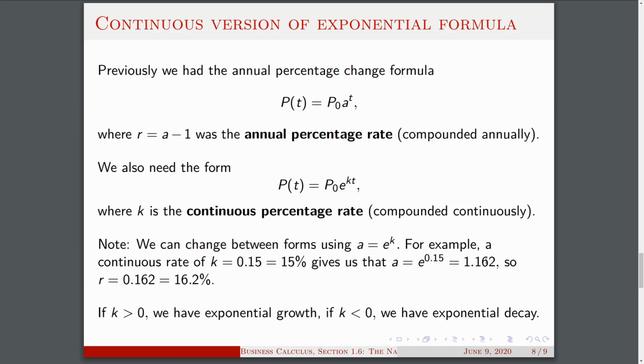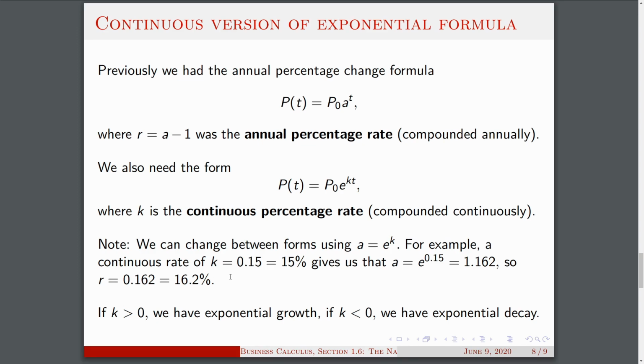So if I subtract 1 off of that, I get the rate, which is 0.162, which is 16.2%. So a k of 15% will give you a little bit more when it's compounded continuously, as opposed to being compounded just once a year. I said that before, I'm just reiterating.